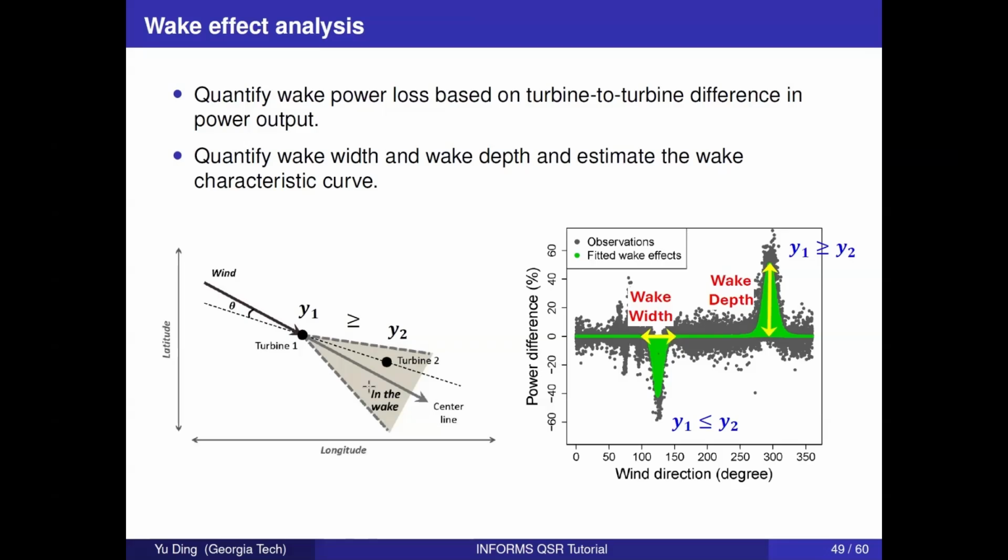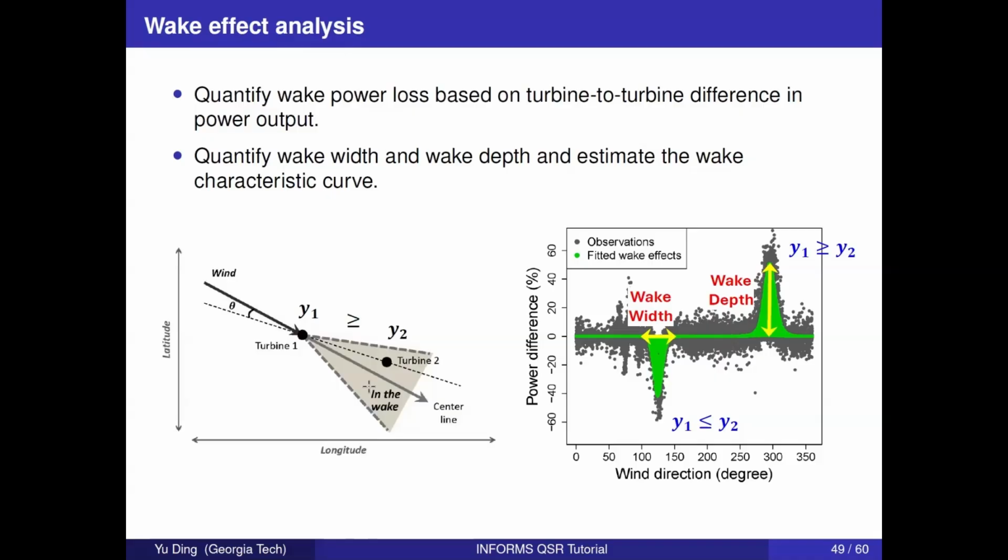This pattern of significant above-0 and below-0 parts really indicates that wake sector, right? And the depth of that we call wake depth, and how much you are in the wake sector.